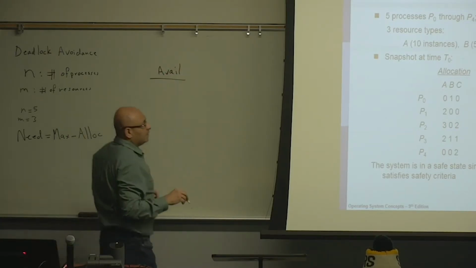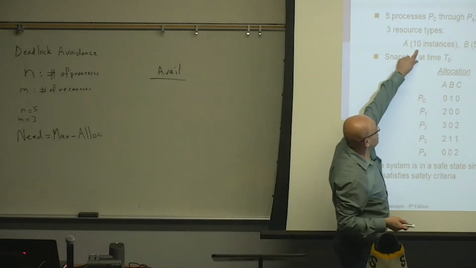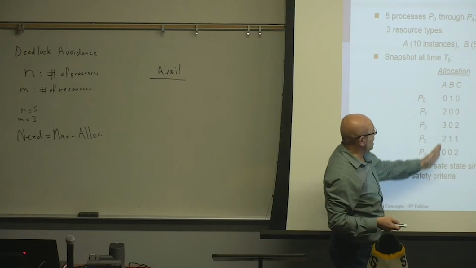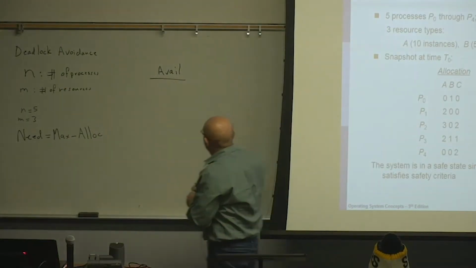Let's say resource A. The total is 10, and what is currently allocated is 2 plus 3 plus 2. So that's 7. So 7 are currently allocated. Total is 10. So what we have available is 3.